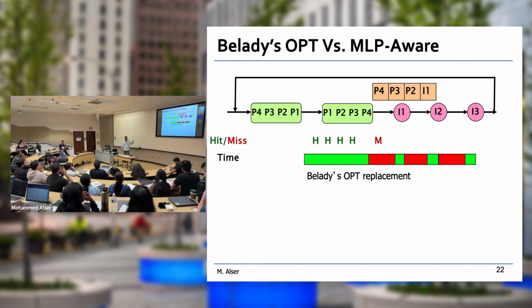Which one inside the cache will be requested again furthest? This might be a straightforward and easy way to apply, okay? Which one already in the cache will be re-requested again furthest, okay?